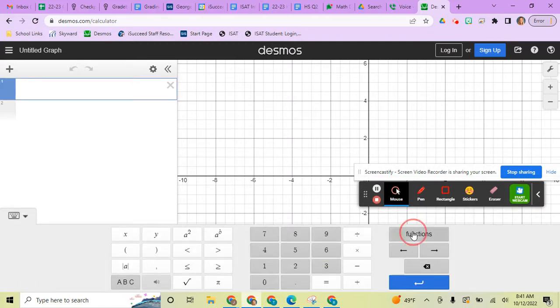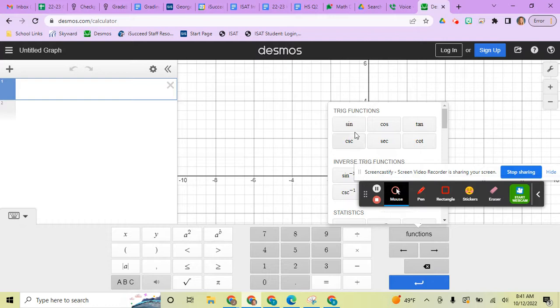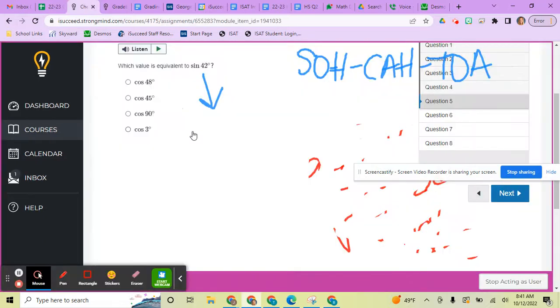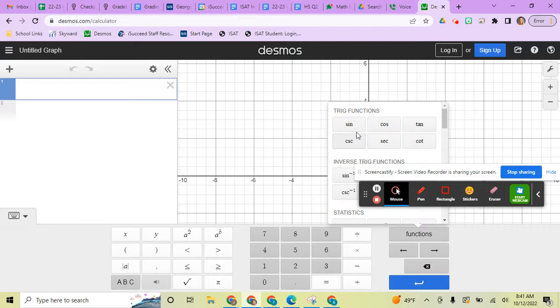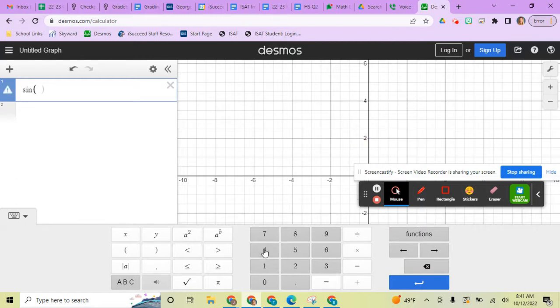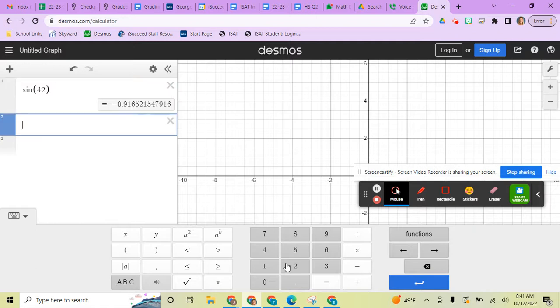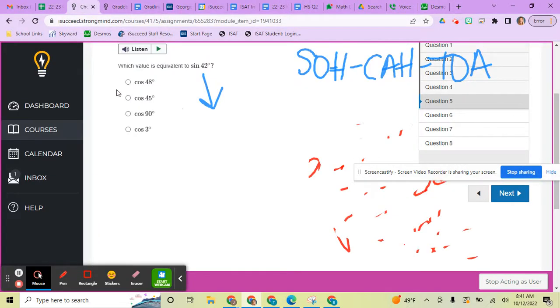Okay, so over here there's functions. So here's sine, cosine, and tangent. So what were we trying to find? Sine of 42. So I'm going to go sine and 42 and then hit enter. And so that's the sine of 42 right there. Okay, and I'm going to see which ones might be equivalent to that.